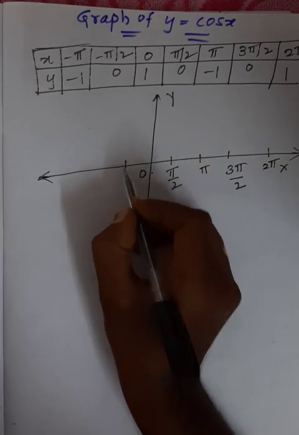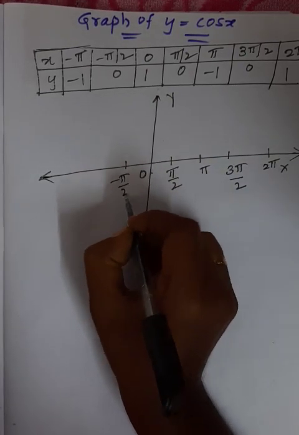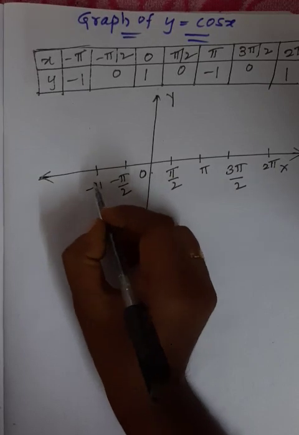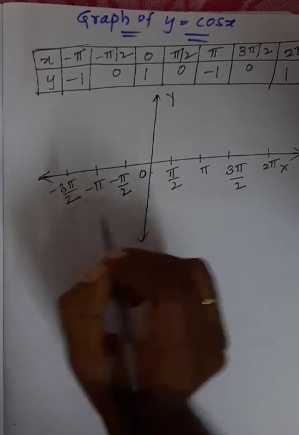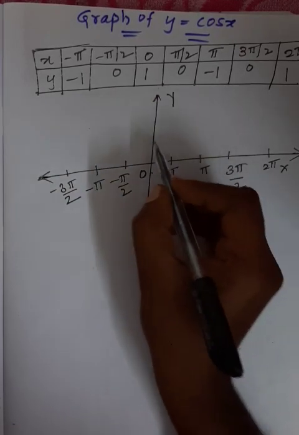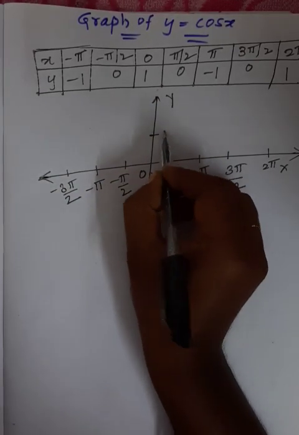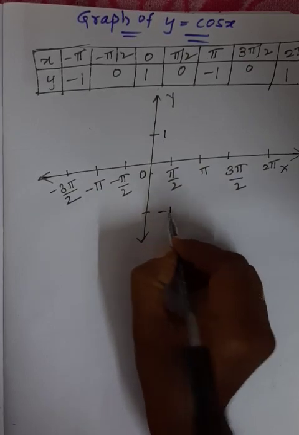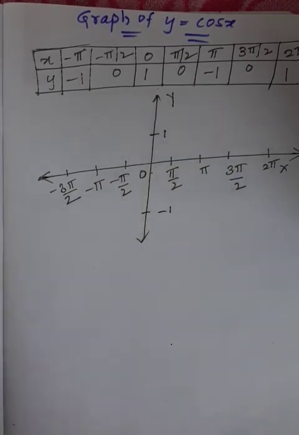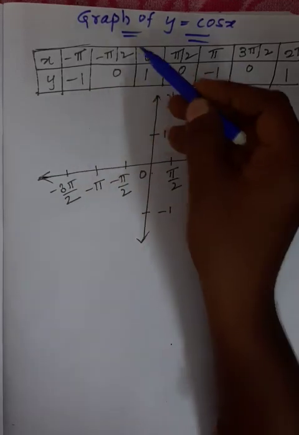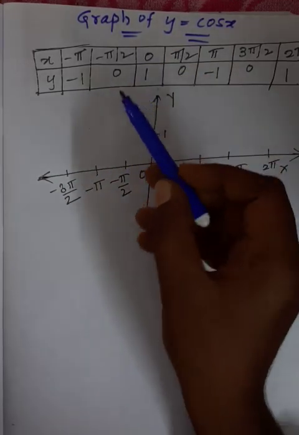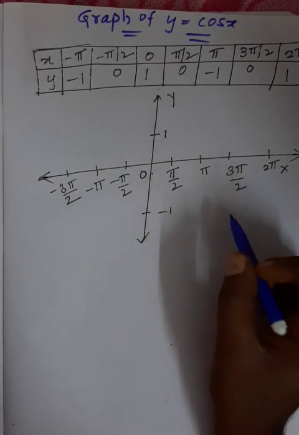Next, this is minus pi by 2, minus pi, minus 3 pi by 2, and so on. Here this is 1, this is minus 1. Now we have to draw, or point out, the points on this x-axis and y-axis graph.